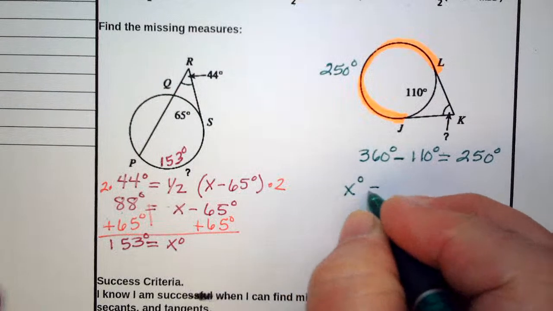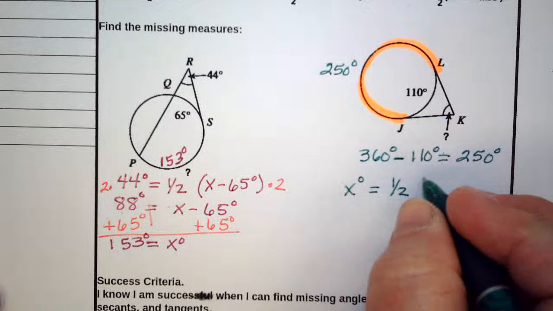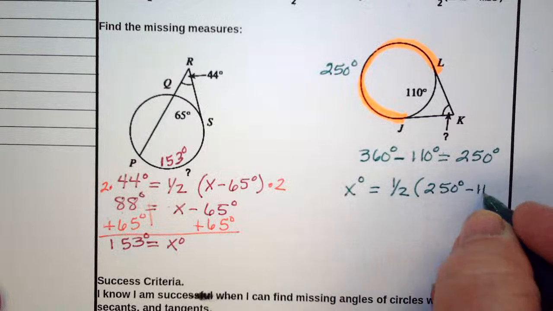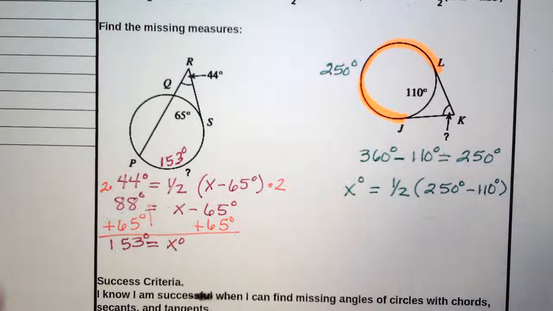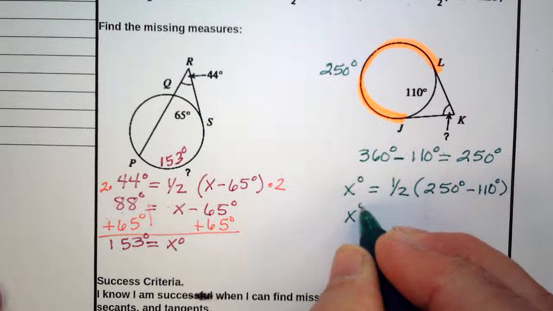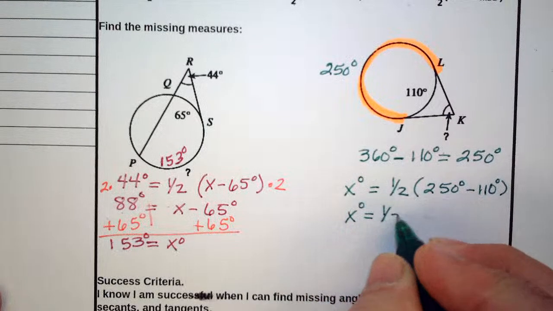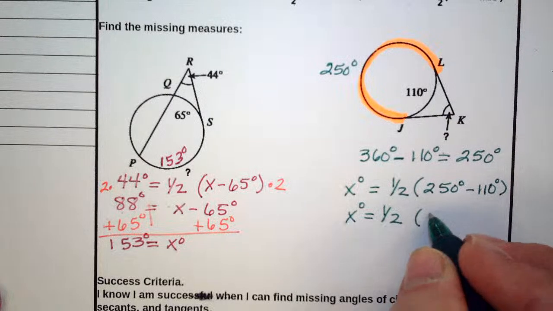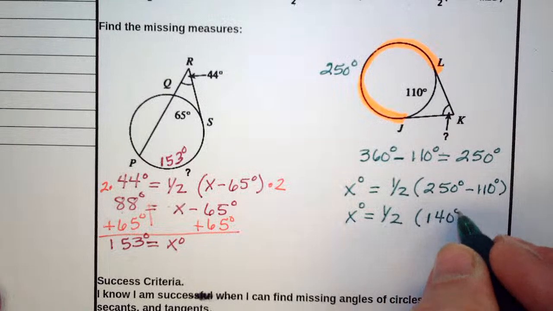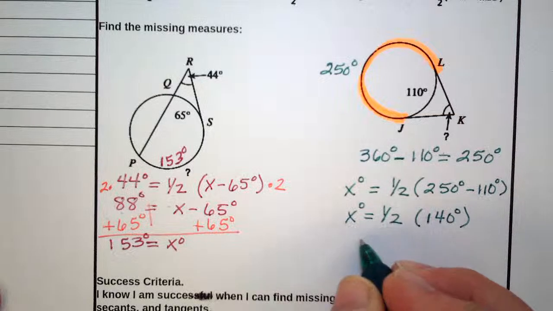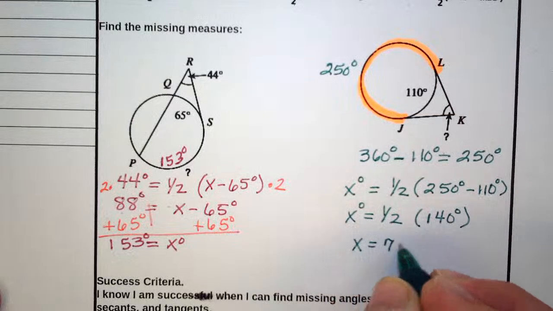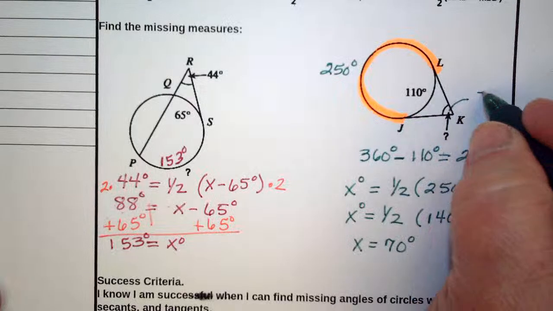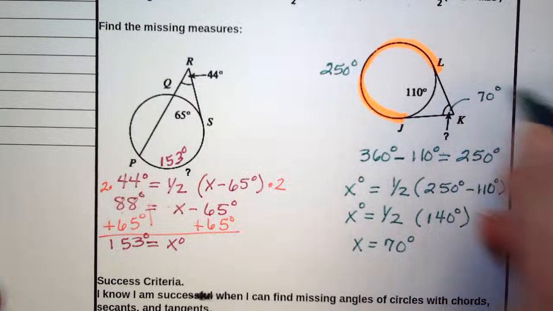X degrees is equal to 1/2 of 250 degrees minus 110 degrees. 250 minus 110 will give me 140 degrees. X is equal to 70 degrees. So this angle here will be a 70-degree angle.